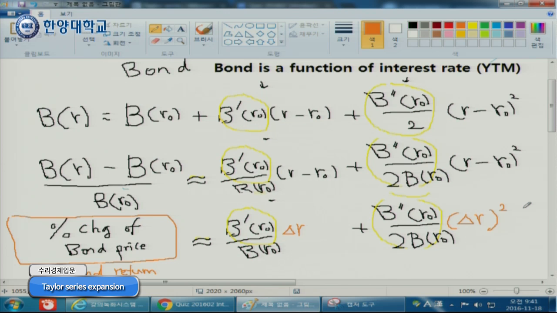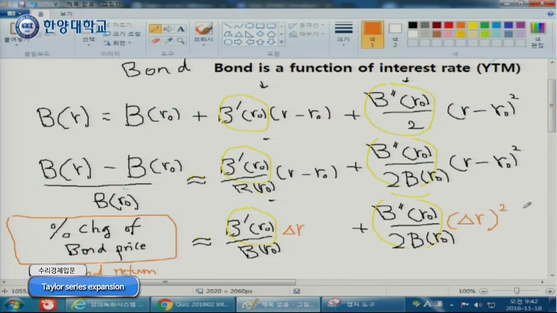We can simulate that. Okay, we know this one, then interest rate change, we can simulate this one, right? That will be very convenient. So this is extremely popular in bond. So we have a special name for this part and this part. Special name for this one is called modified duration. And this term is called convexity.